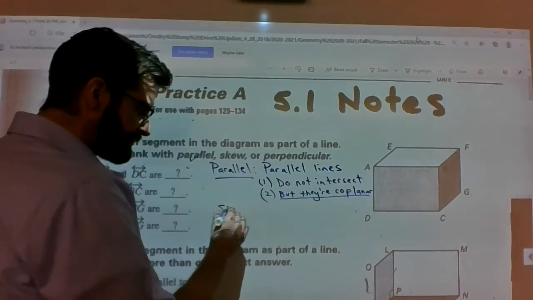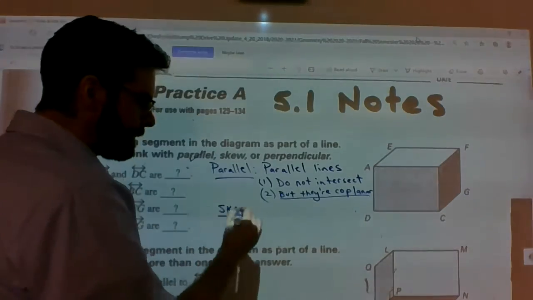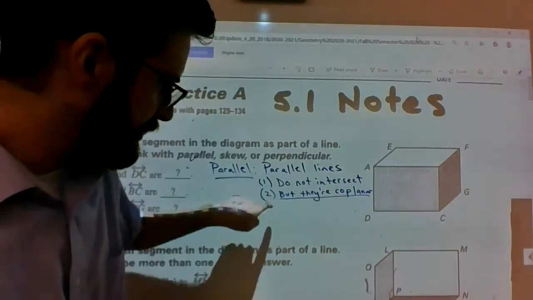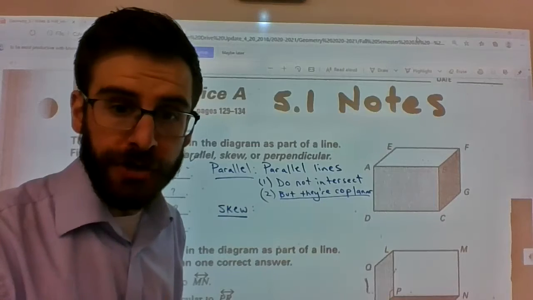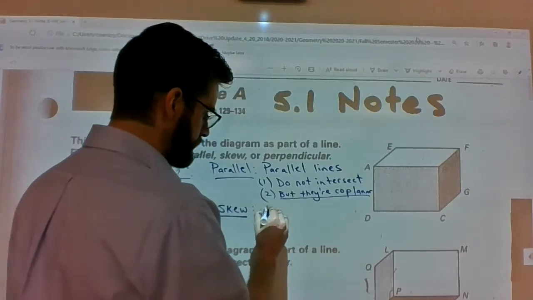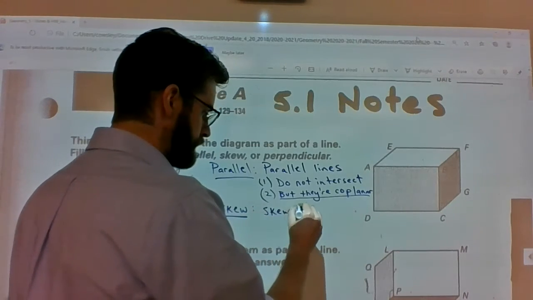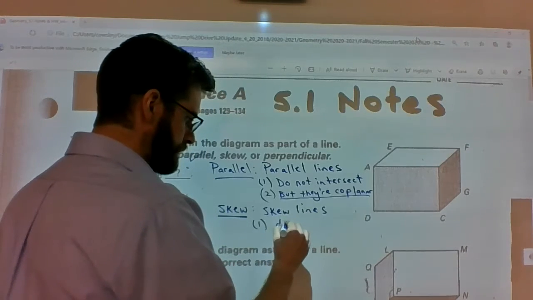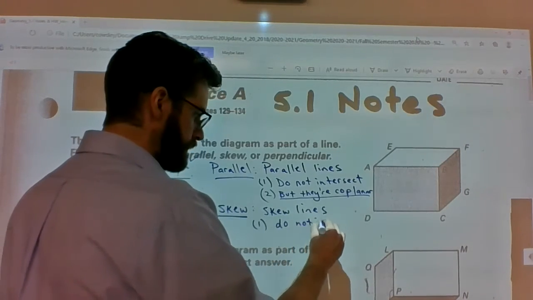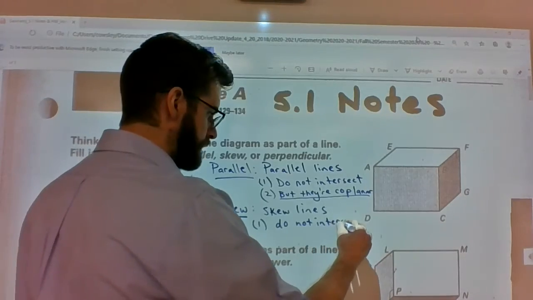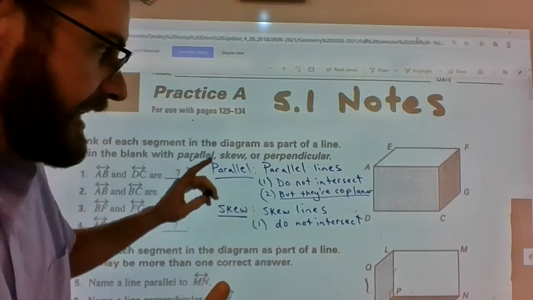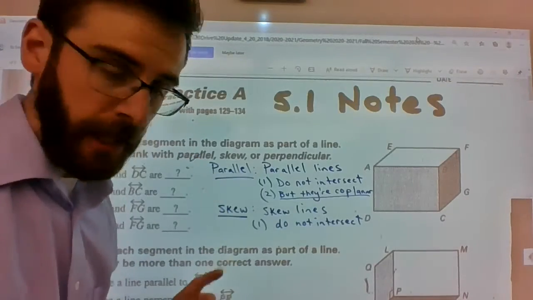Skew. Skew lines are basically the same thing as parallel, except there's one difference here for number 2. They also do not intersect. But the difference between those is that they're not on the same plane.